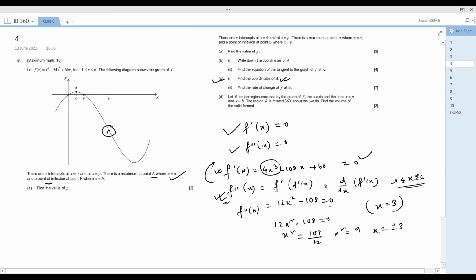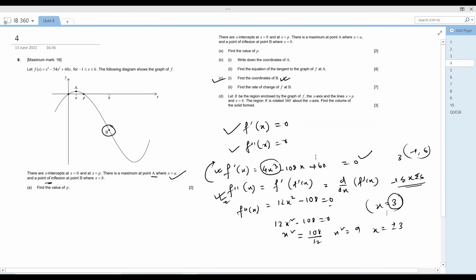So 3 is between minus 1 and 6, that's why we have taken this point. So this is the point B. For the coordinate of B, the value of x is minus 3, which we cannot take, so the value of x is 3, and putting x equals 3, you just have to do this.